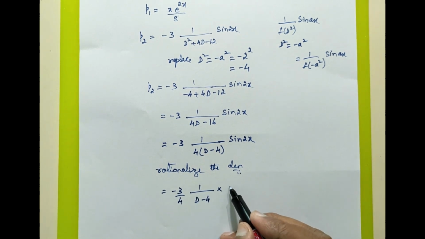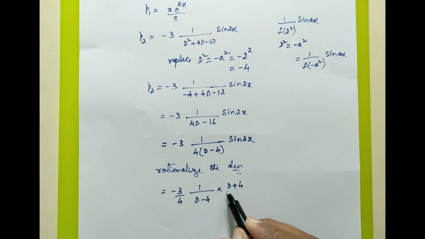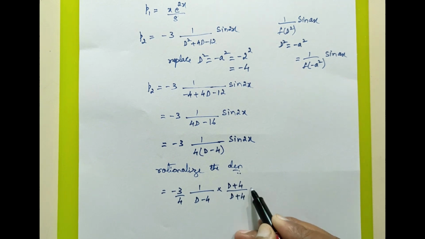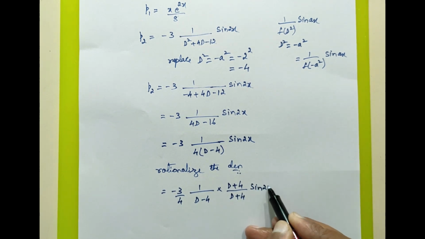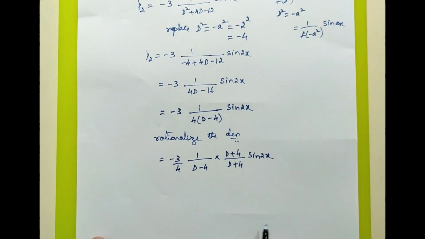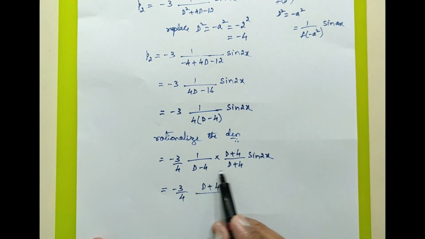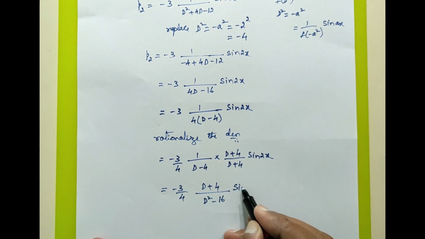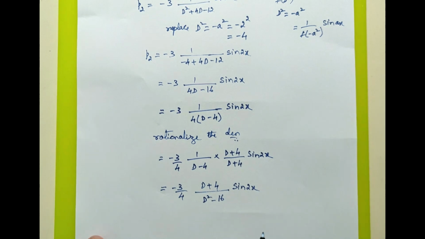The rationalizing factor will be d plus 4 by d plus 4 times sine 2x. So this will be equal to minus 3 by 4 times d plus 4 divided by, it is in the form of a minus b into a plus b, which will be a square minus b square, that is d square minus of 16, into sine of 2x.